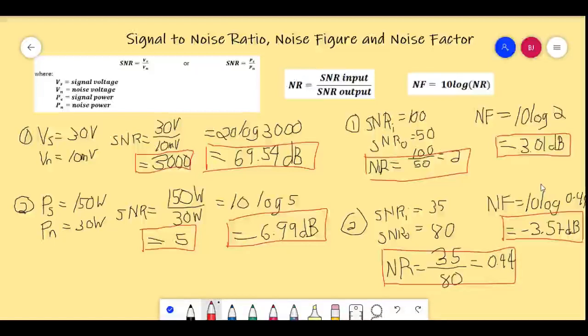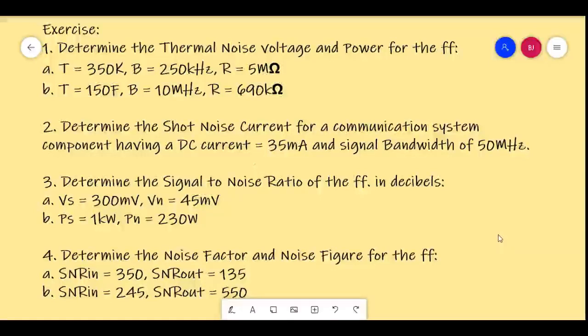I'll be giving a few exercises for you as the last part so that you'll be able to determine your understanding of today's supplementary discussion. So please try the following exercises in order to be able to determine your understanding of today's lecture. For the first one, we are to calculate the thermal noise voltage and power given the following.